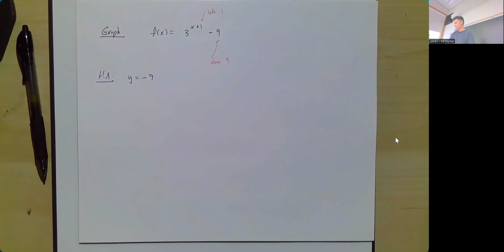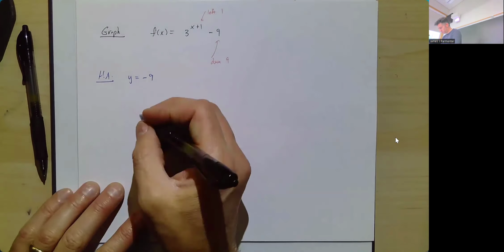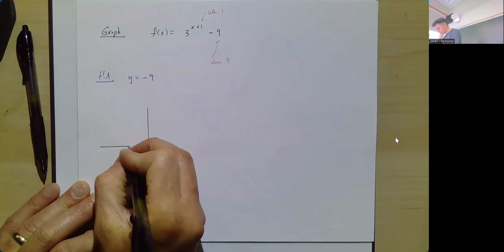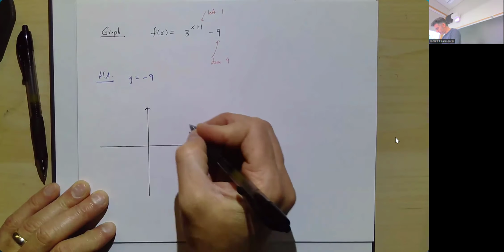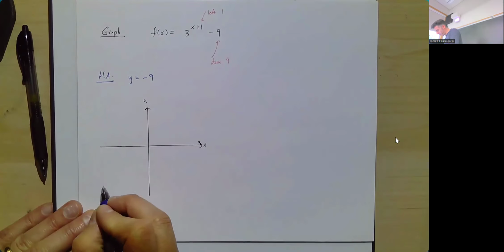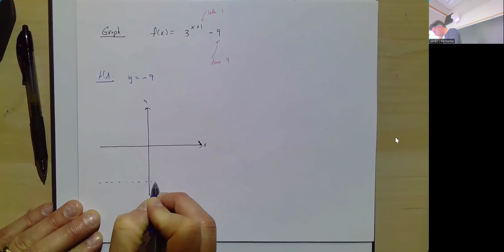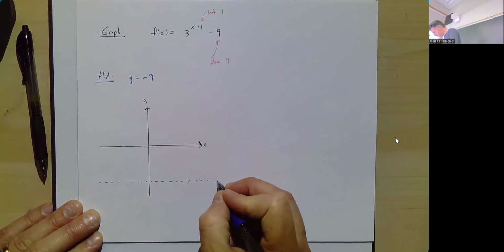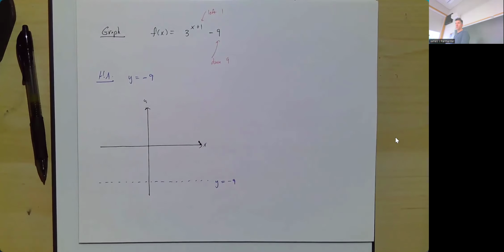In fact, I'm probably just going to start by drawing that. Here's my usual xy axis every time. And then negative 9 is maybe down here. And I could probably draw the thing at this point. It's going to have the usual kind of shape.